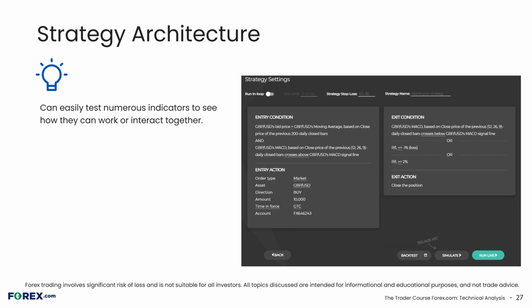With the power of automation, traders can learn quite a bit about how various technical indicators can work with each other. I wanted to cover some of the more popular tools here, along with their common usage, in order to provide some ideas for how you might be able to begin to build your own trading strategy. In the strategy that we built today, we used a simple moving average to define the trend, and then the MACD indicator to enter trades in the direction of that trend and in the direction of that trend only.